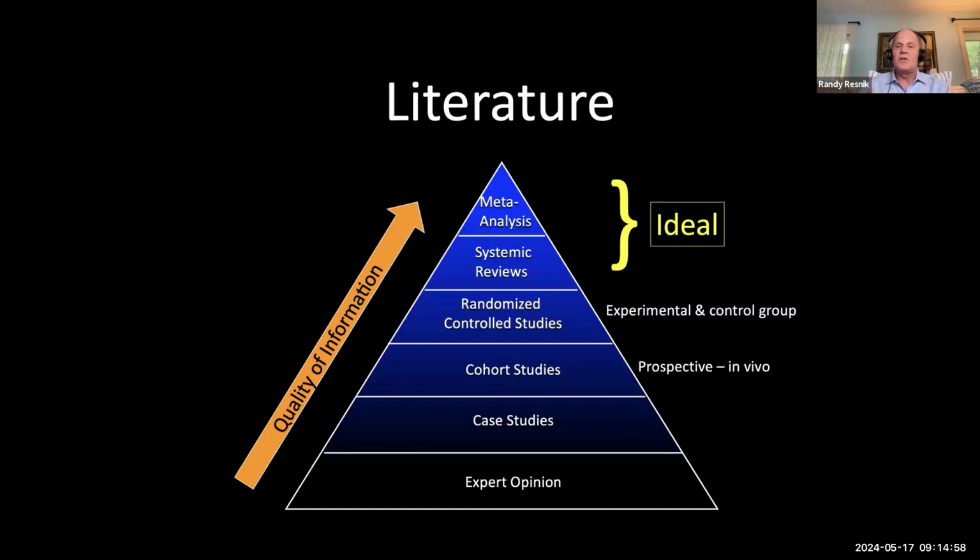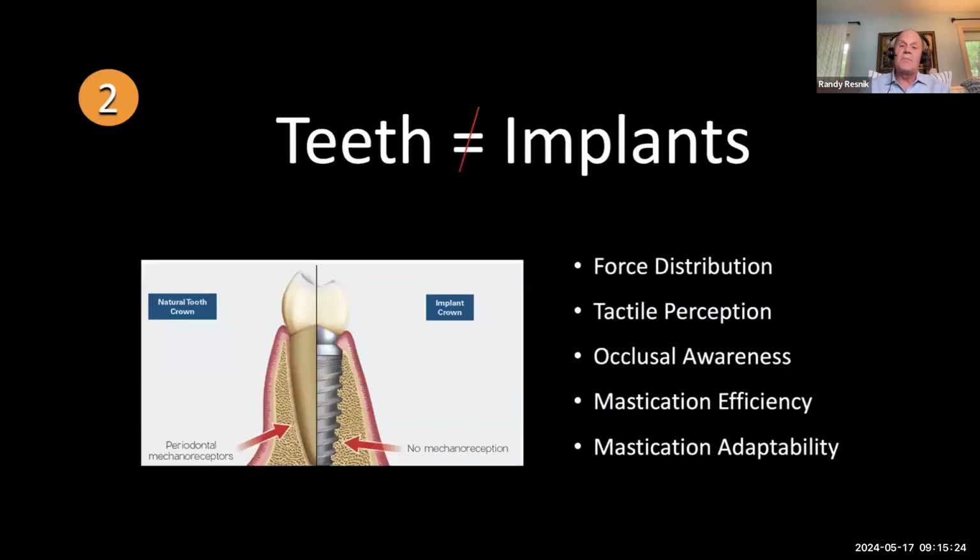That would be unethical to do, and to do a controlled cohort study, a randomized study, is very, very difficult. But there is some good literature, which I'm going to talk about today, a lot of meta-analyses and systematic reviews on some of these case studies and expert opinions, and that will give us a basis for making conclusions on these topics we're talking about.